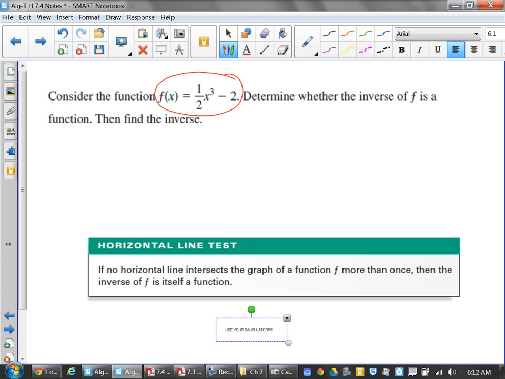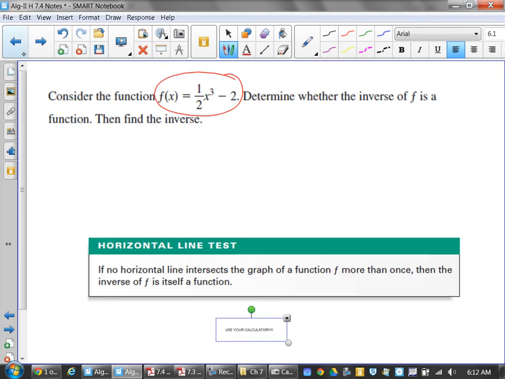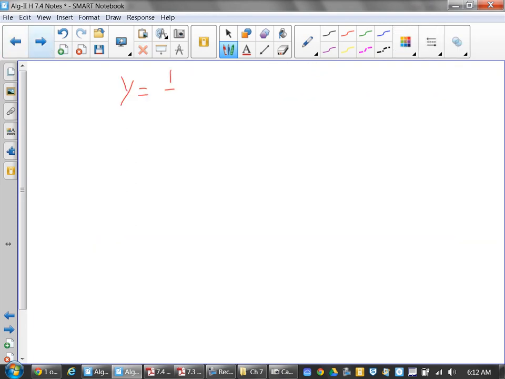So let's see, it is f of x, so y equals 1/2 x cubed minus 2. And we're going to find the inverse of that. Remember, flip-flop x and y and work backwards.